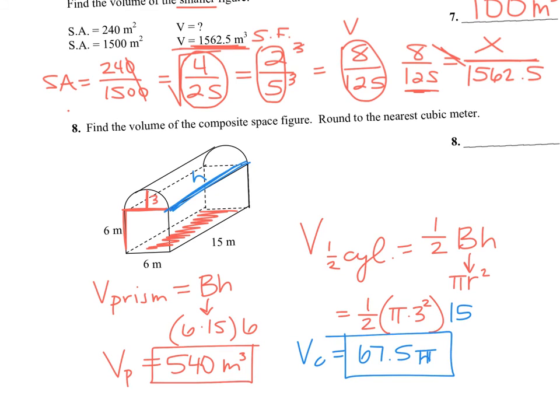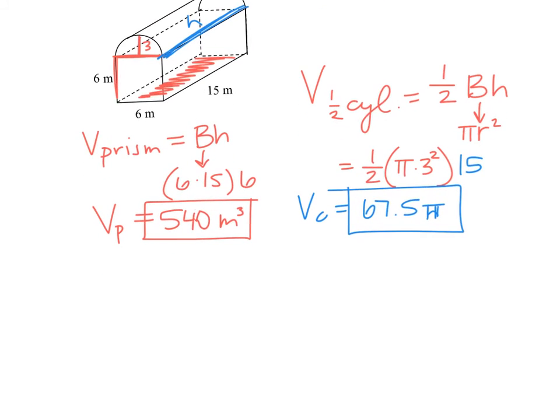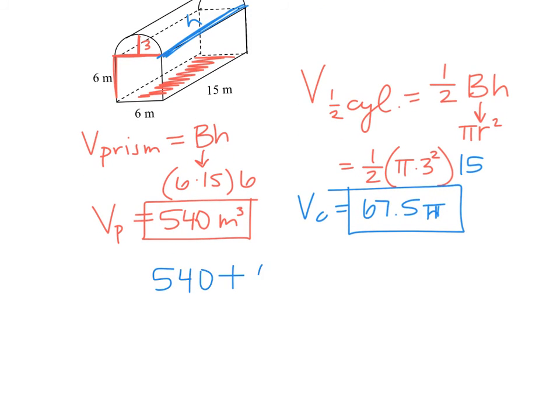Okay, we want the volume of the whole thing. So you're going to take 540 plus 67.5 pi. As an exact answer, that would be it, meters cubed, but that's an ugly exact answer. So we'll just say round to the nearest tenth.